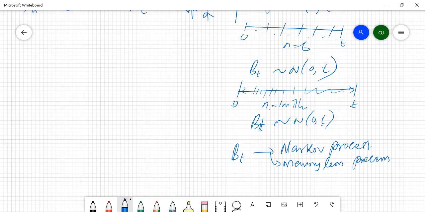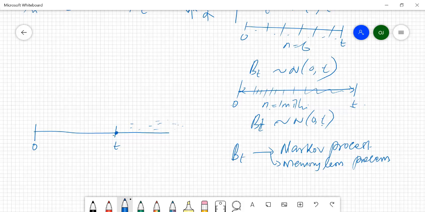Memoryless means if we are having this time scale 0 to t, what happens when we want to get the Brownian process behavior from time t onwards, in this region here, it only depends on what happened at time t.